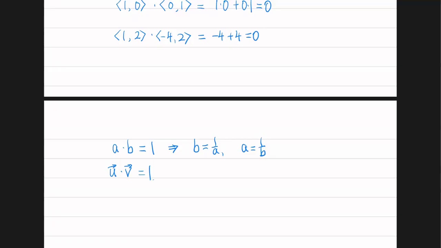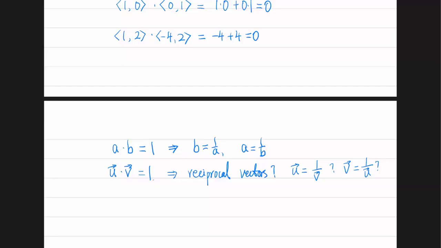Okay. Does this imply they are reciprocal? Be very careful.